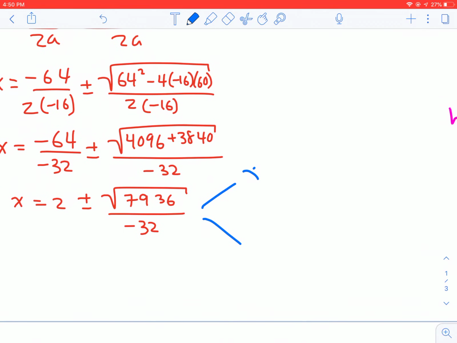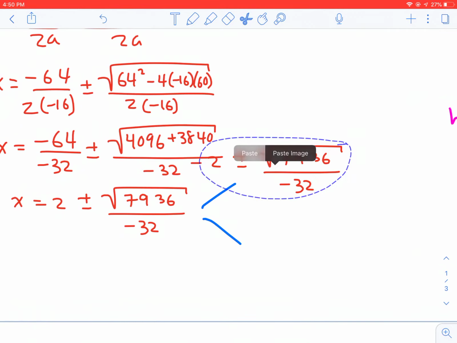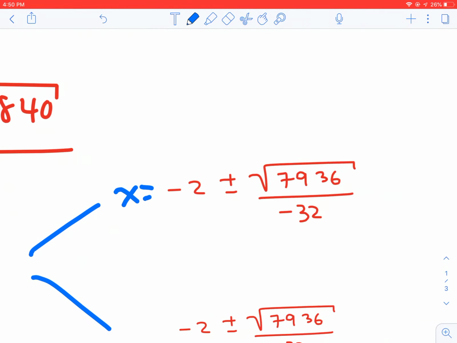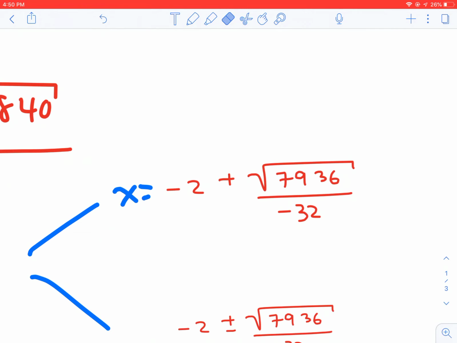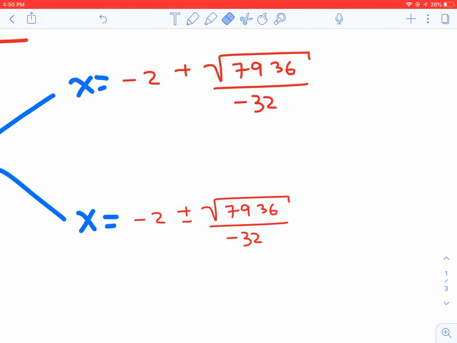That is x equals 2 plus, let me just copy and paste, all of that, and x equals 2 minus all of that.